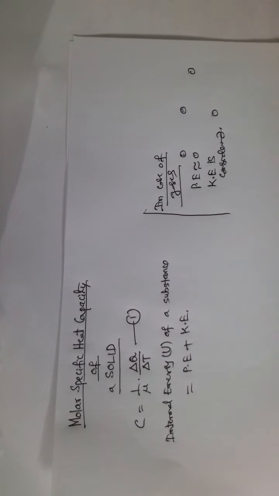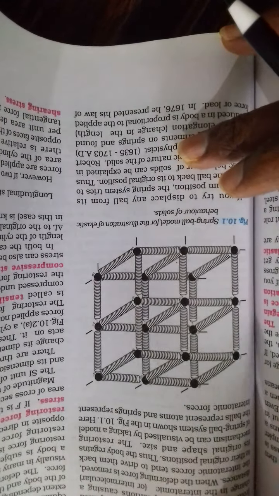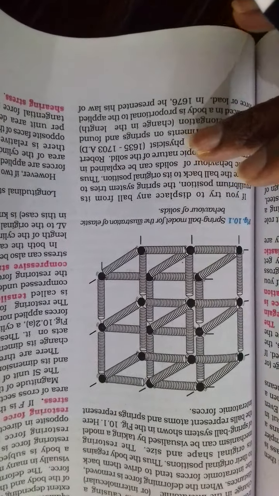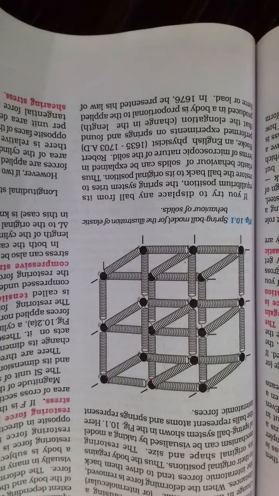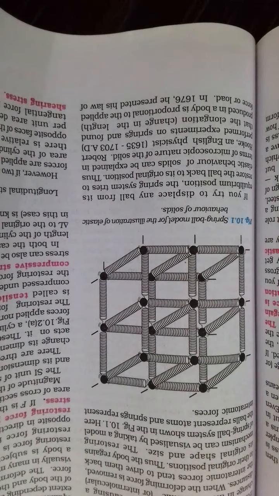But when it comes to solids, how is a solid? Looking at the diagram, we can understand. In a solid, the atoms are closely spaced.